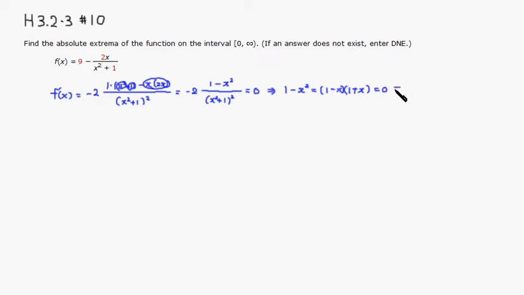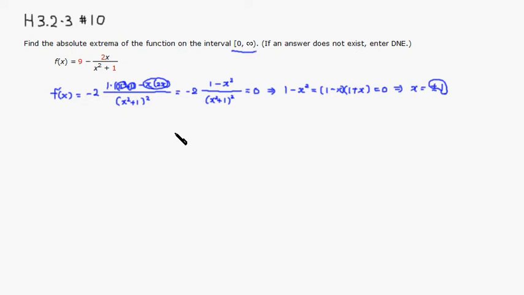And this gives you x equals plus or minus 1. Since we're looking at only the interval from 0 to positive infinity, we're not going to consider the negative 1, but the positive 1 is inside the interval, so we have to consider that.